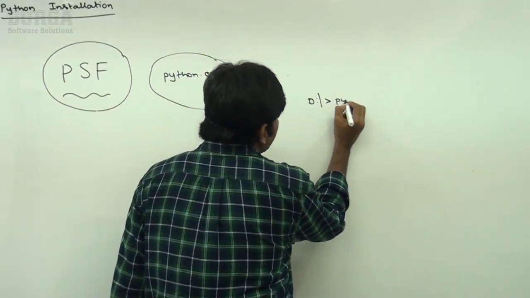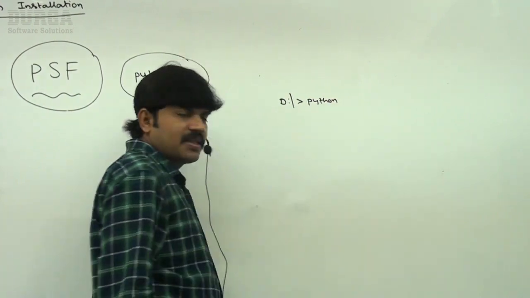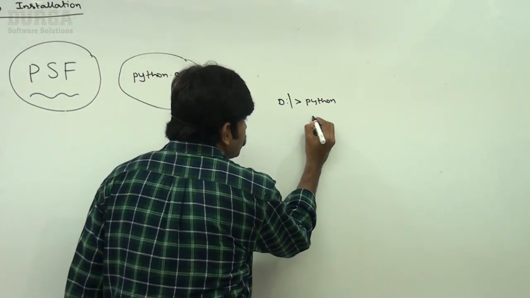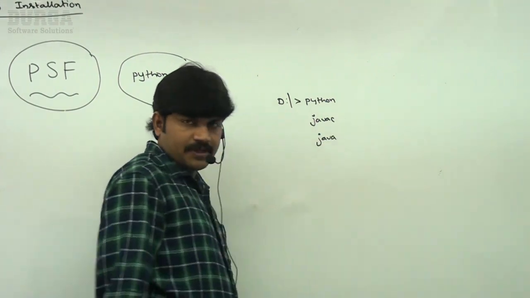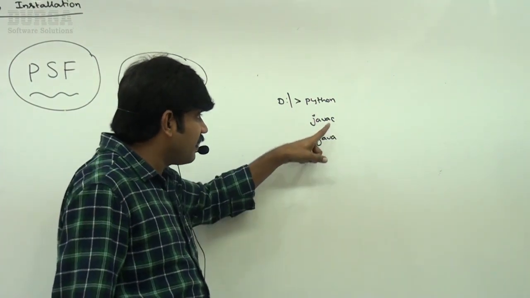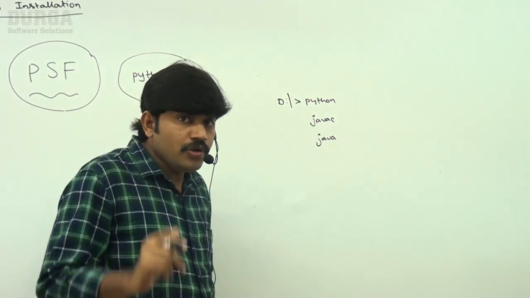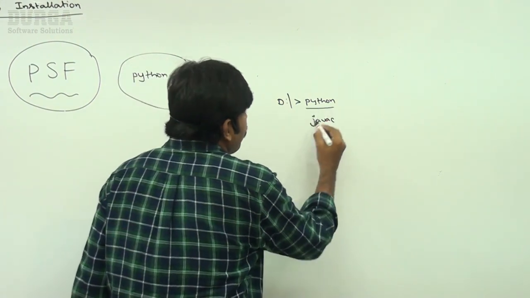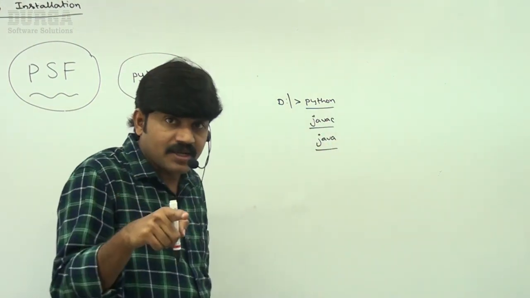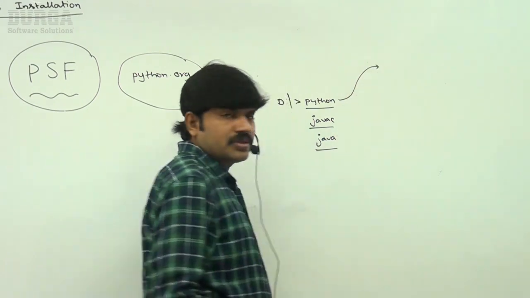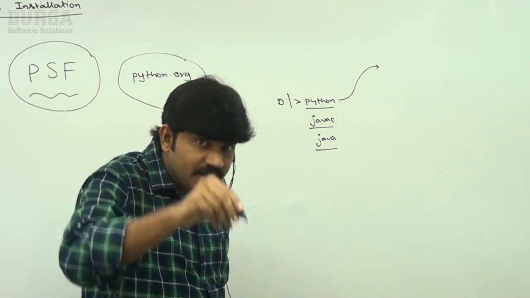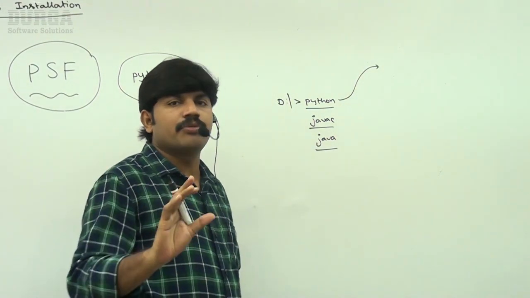Sometimes I may use the python command. Sometimes I may use the javac command. Sometimes I may use the java command. Are you getting python, javac, java commands, right? Do you know, whenever we use a particular command, immediately the operating system is going to search for the corresponding exe file and execute that exe file.